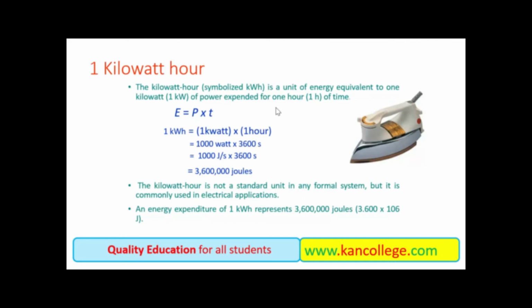And it is generally the unit of any power company such as MEPCO or WAPDA or any other power company which gives the billing. 1 kilowatt hour is actually the billing unit and it is known as 1 unit.